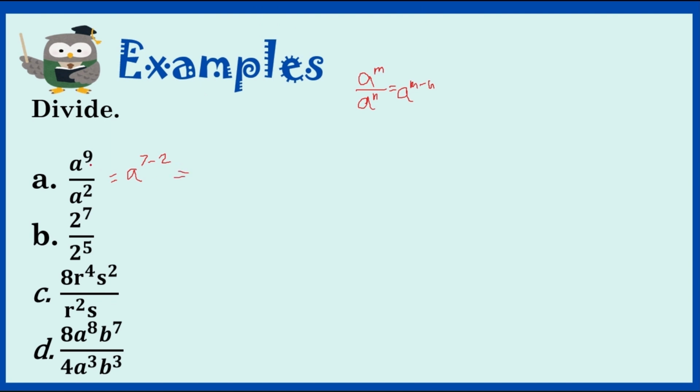So, exponent sa taas, isusubtract doon sa baba. Okay, this is 9, sorry, I forgot. So, that is a raised to 9 minus 2, and you will get a raised to 7. Okay, 9 yan pala.